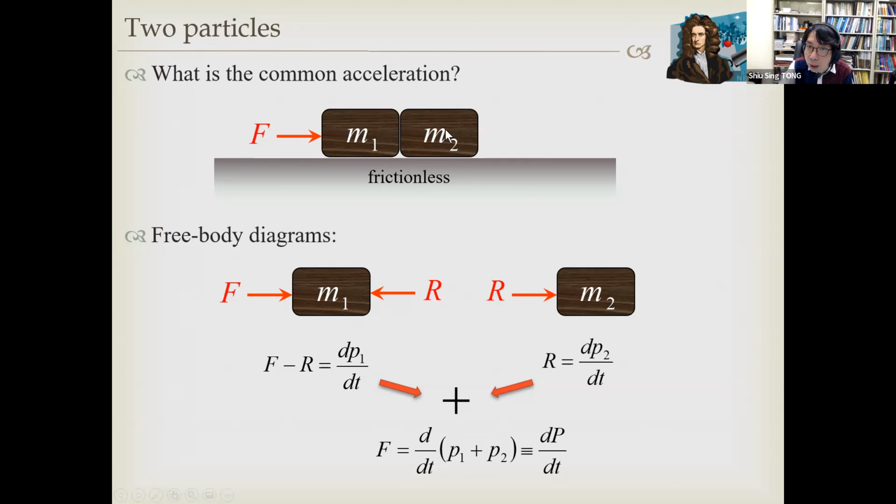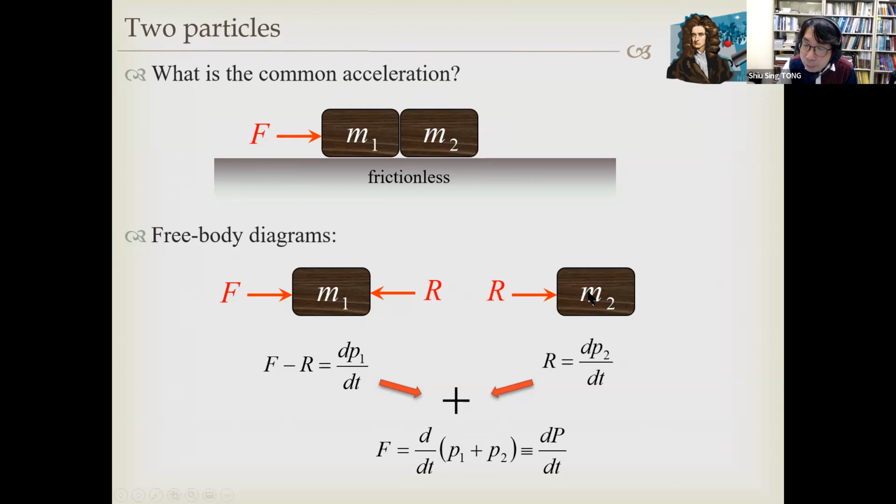For block M2, the only force acting on it is from block M1, so I call it R. R is the normal force between the two blocks, the force due to M1 acting on M2.